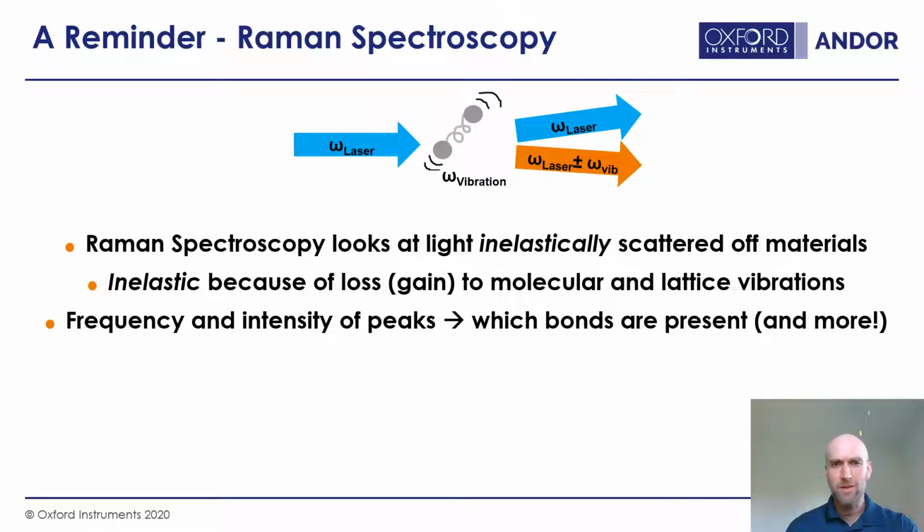I added a little cartoon to this slide where I show incoming laser light of the frequency omega laser hitting a vibrating diatomic molecule, and you can see my little vibration lines here, and then scattering off both as the elastically scattered, same energy as the original laser, and also inelastically scattered light that is shifted plus or minus the vibrational frequency of the molecule.